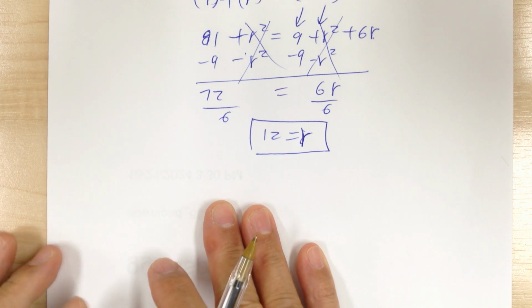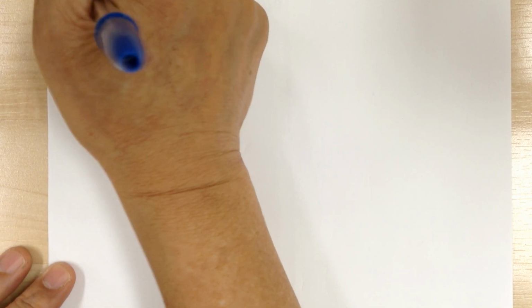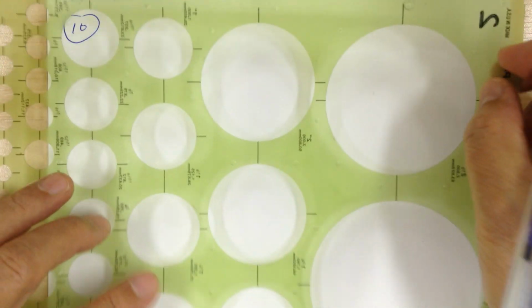Okay, let's go to number 10. Use the diagram above. So let's go ahead and get these.